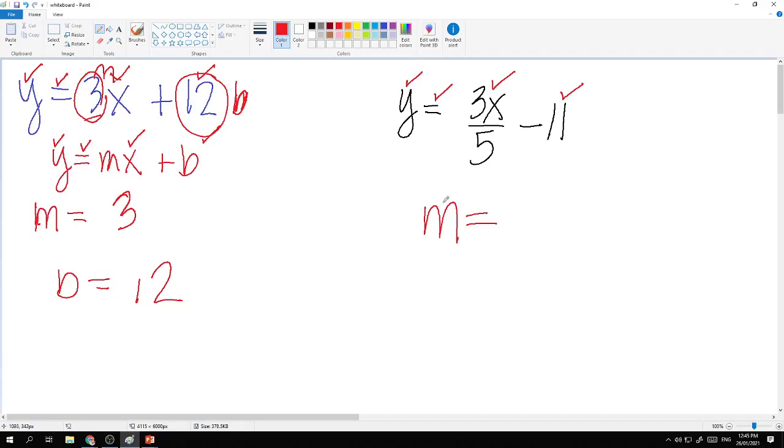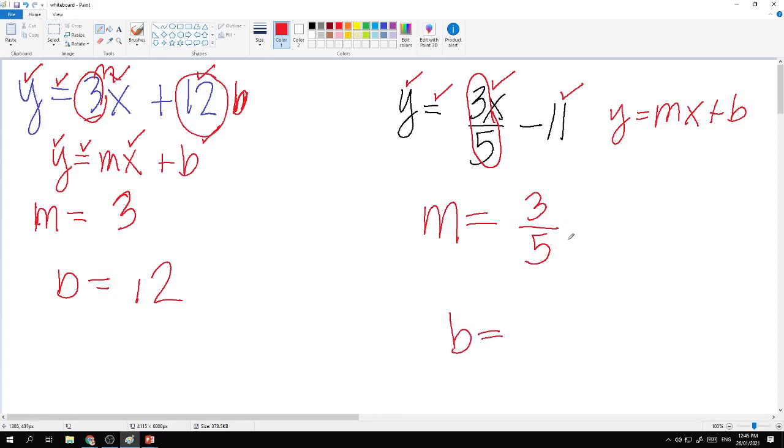Since this is in the form mx plus b, what's the value of the slope? 3 over 5. And what's the value of the y-intercept? Negative 11. Okay, so don't forget the negative sign. That's negative 11.